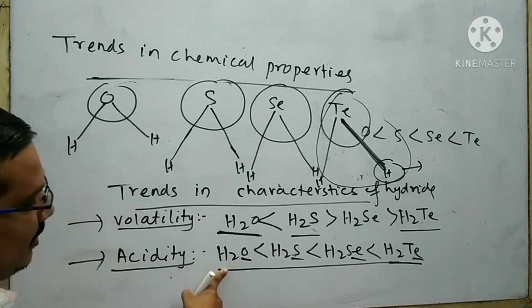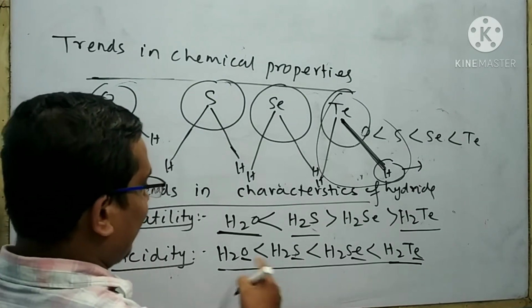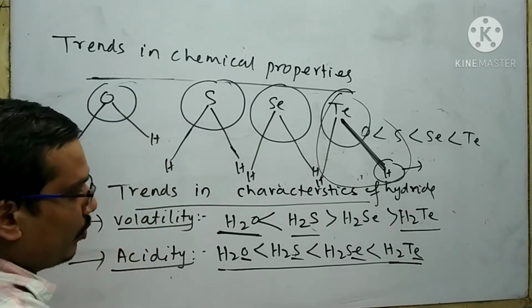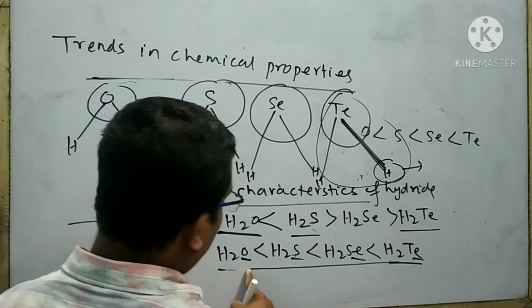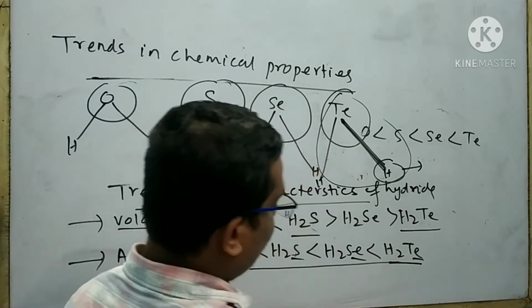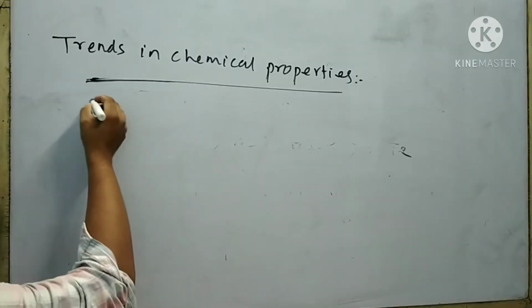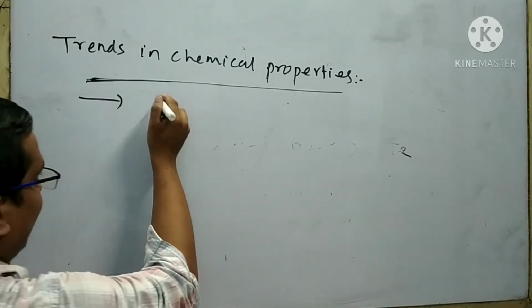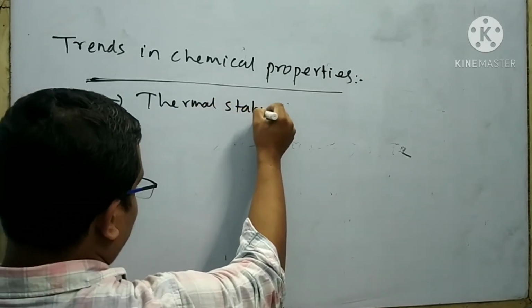So I can write the increasing order of acidic character of hydrides of group 16 elements like this: H2O is less than H2S, less than H2Se, less than H2Te. Next characteristic of hydrides is thermal stability.